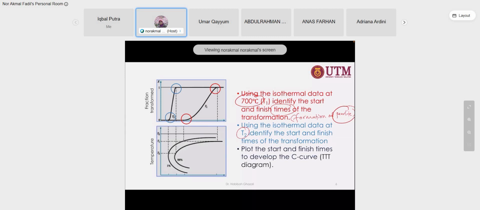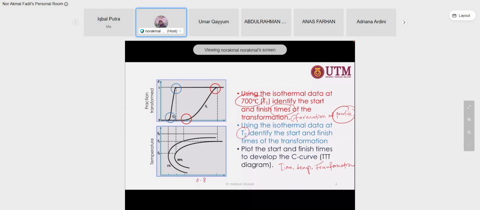Okay, this is the C curve, or we call it time temperature transformation, TTT diagram or C curve diagram. So this is the data provided for one single steel.